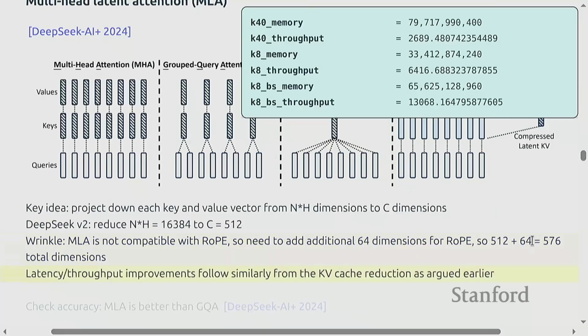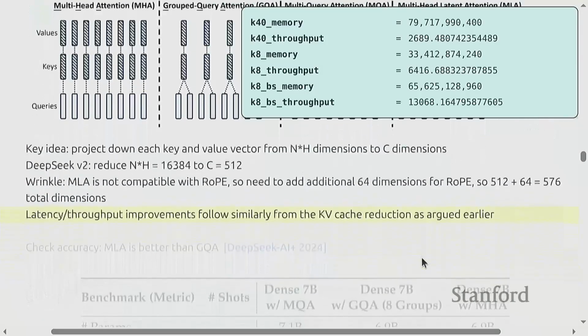But overall, this is quite promising from a KV reduction perspective. I'm not going to do the math, but you can trust me that the KV cache would be reduced a lot, and you get the same kind of latency and throughput advantages.